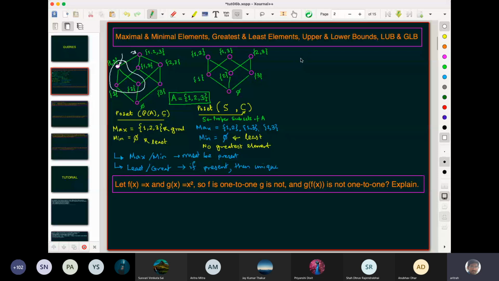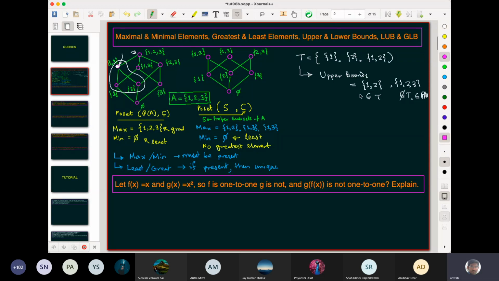So if I consider a subset T, which consists of elements 1, 2, then the upper bounds of this T will be 1, 2, which obviously belongs to T. The upper bound is also 1, 2, 3, which doesn't belong to T, but it belongs to the set S for which we are considering the whole poset.